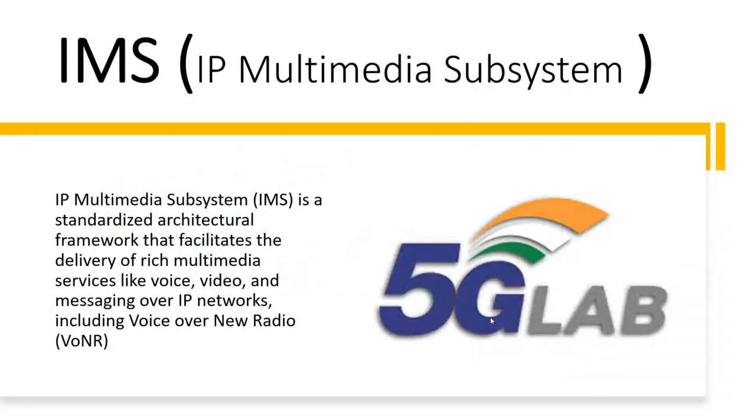IMS, the IP Multimedia Subsystem, is a standard architecture framework that facilitates the delivery of rich multimedia services like voice, video, messaging over the IP network, including voice over NR. So we are calling it VoNR. With the help of the 5G network, with the help of 5G core and radio, we were able to implement the VoNR functionality within the IMS. So that's why it is called VoNR, voice over new radio.